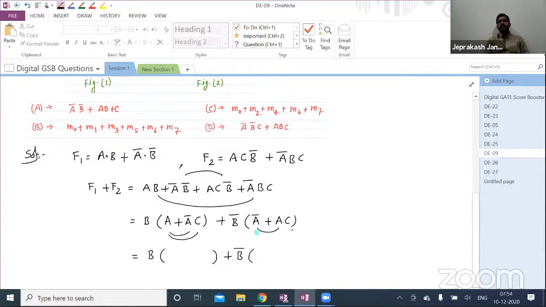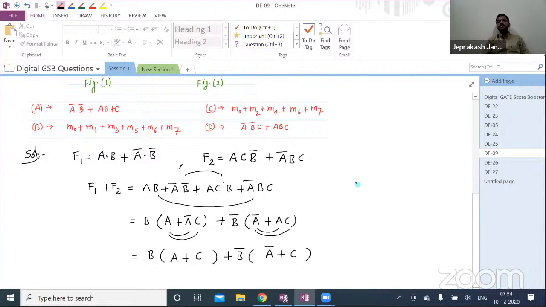Similarly, you can apply the distributive law here also. Yes, Srinivas, you will get A plus C. Very good. Similarly, apply it here: you will get A bar plus C, since A bar plus A is 1.